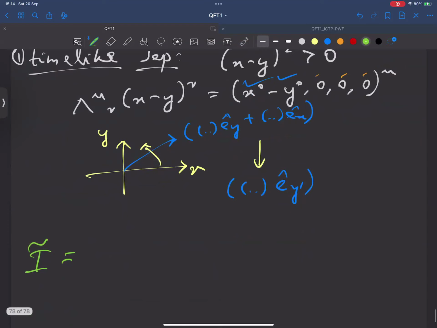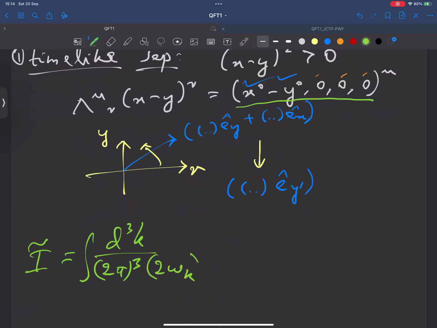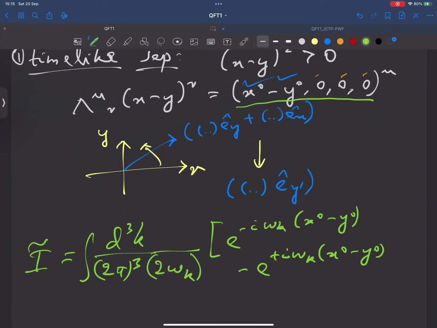When we are looking at a time-like vector like this, you can write I tilde as 1 over 2 omega k, and only the time parts will survive, because the space parts we have rotated our frame to put to 0, minus e to the power plus i omega k (x0 - y0).